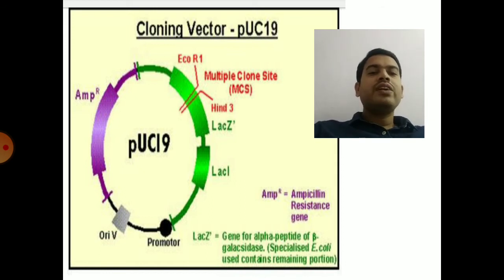After that, you will isolate the foreign DNA containing cells and non-foreign DNA containing cells based on the beta-galactosidase LacZ gene expression. If the foreign DNA is present, then you will get white colonies. If it is absent and it contains only vector, then you will get blue colonies. Then you will collect the white colonies and you can obtain multiple copies of your foreign DNA along with the cloning vector. So that is the cloning vector pUC19 plasmid, University of California.